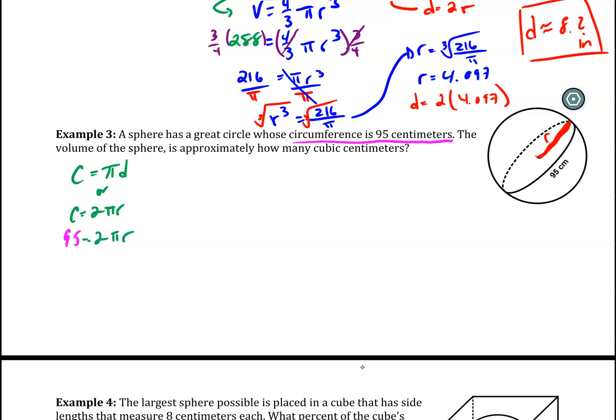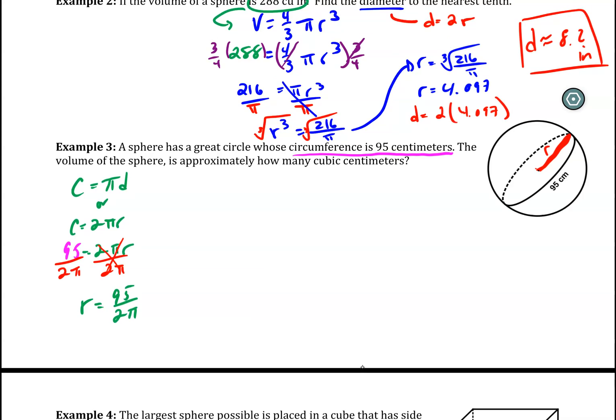I'm going to divide here because it's all multiplication by 2 pi. Divide both sides by 2 pi. That eliminates everything on the right side except for r. And I'm going to leave this as 95 over 2 pi because I know that's going to get me a decimal, and I don't want to have to carry that whole thing around. So I'm going to wait to plug that in, and I'm going to plug it into my formula here.